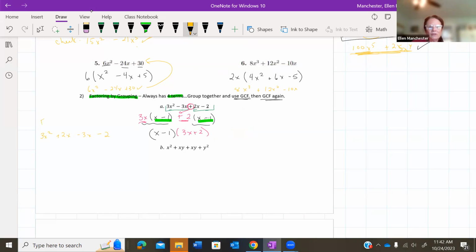So first, outside, inside, last. That's why we call it FOIL. And you can see they're in the wrong order, but the signs are all there. If I rearranged it, I'd have 3x squared minus 3x plus 2x minus 2. Exactly what I started with. So it checks.